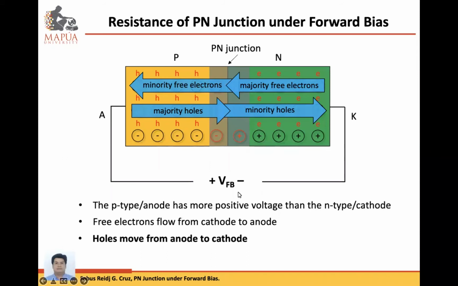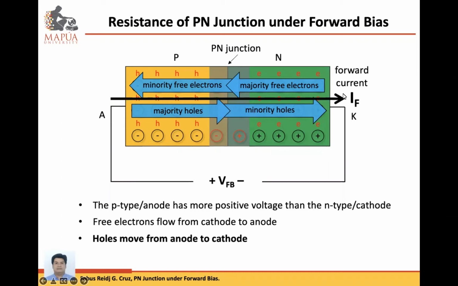So this is the polarity for the forward bias voltage. No? Again, positive on the anode, negative on the cathode. And it will allow the forward current. All right? So normally, when we say forward current, we refer to the whole flow.